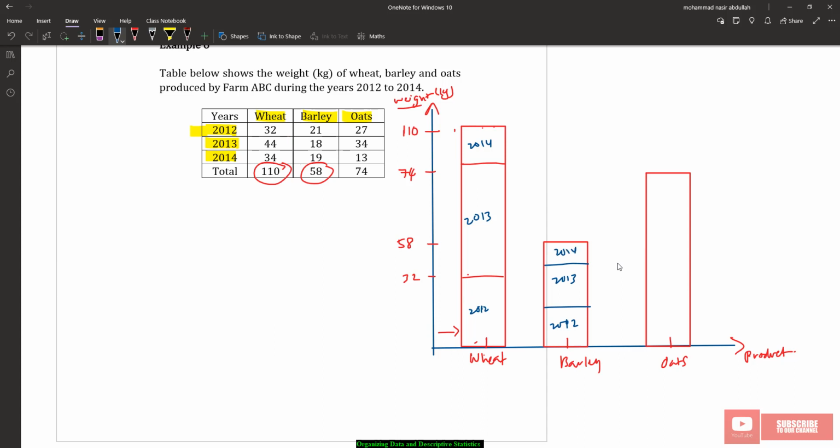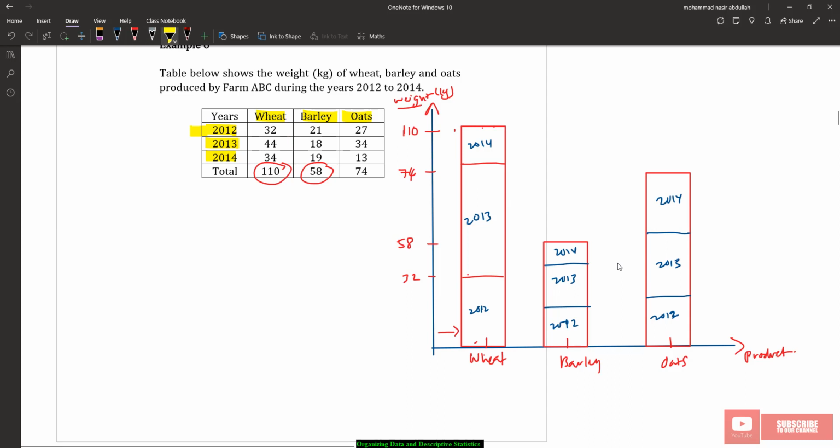For oats, this is 27 somewhere here, a bit higher, 2012. 27 plus 34 is 61, somewhere here, 2013. And this is 2014. Right, so you see? This is a stack bar chart.